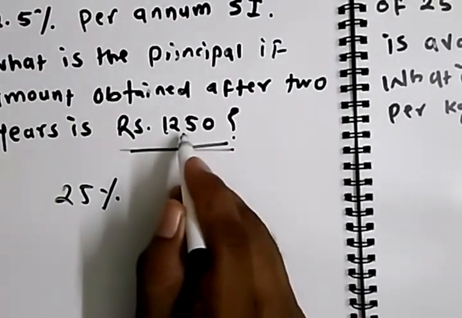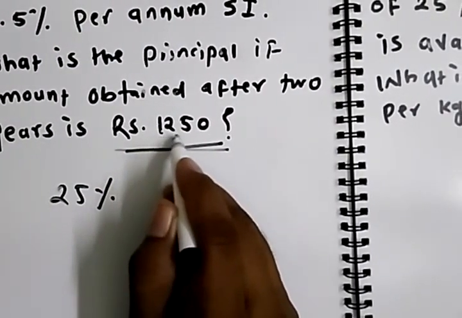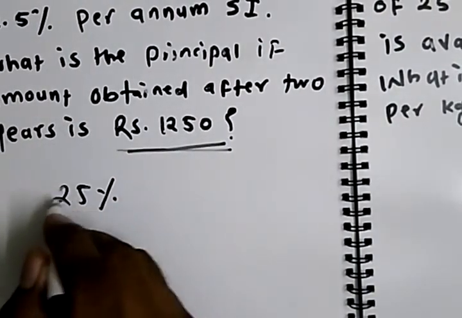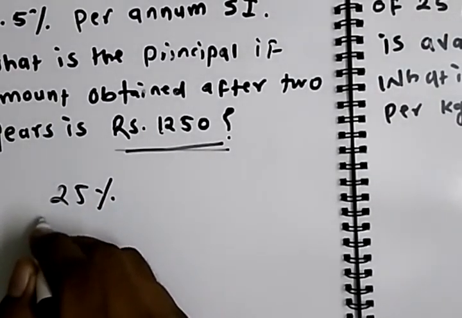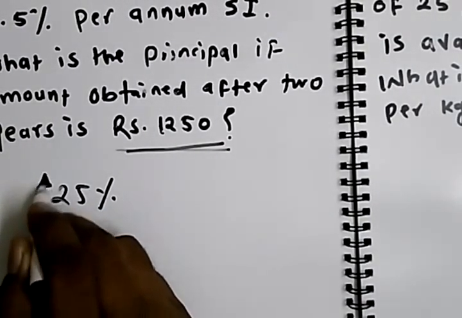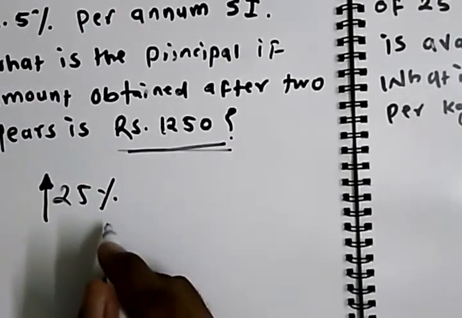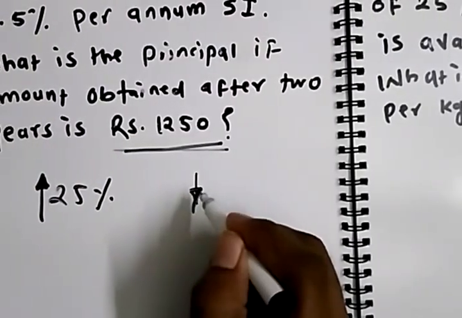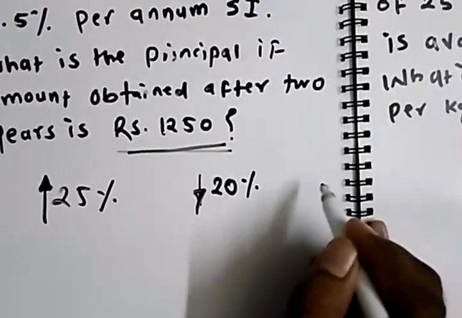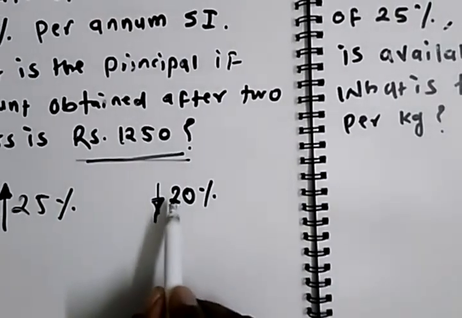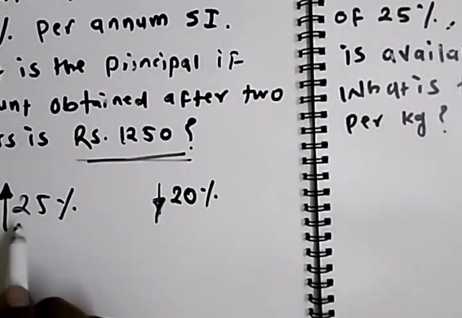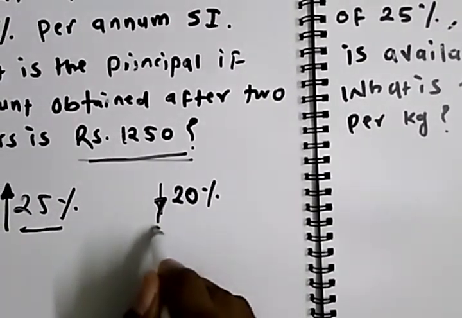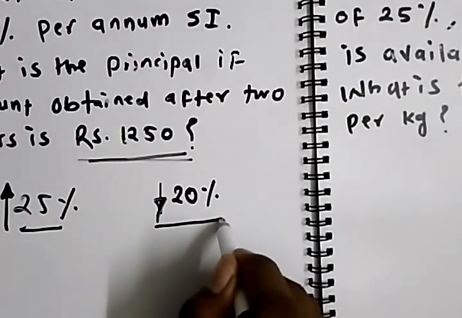Right? So 125% of the original amount is 1250 rupees. So here the amount obtained is increasing by 25%. Amount obtained after 2 years is increasing by 25%. So the original amount, that means principal, must be less by 20% than the amount obtained.